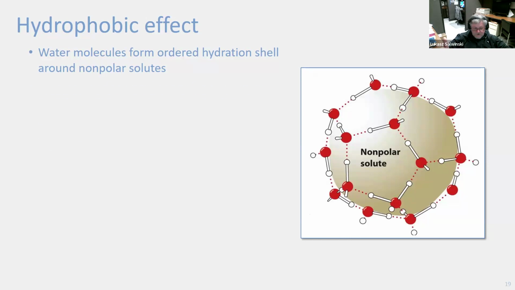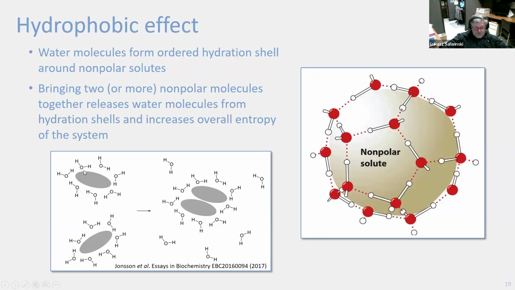So what happens is when you do have, let's say, two apolar entities, two solids in a solution, each surrounded by a shell of immobilized water, then you'll be able to make water less ordered. You'll be able to increase the entropy of water by merging them together into one bigger blob, and then whatever water was immobilized on the surfaces that came in contact will be free to move, and they will contribute to the increase of entropy.